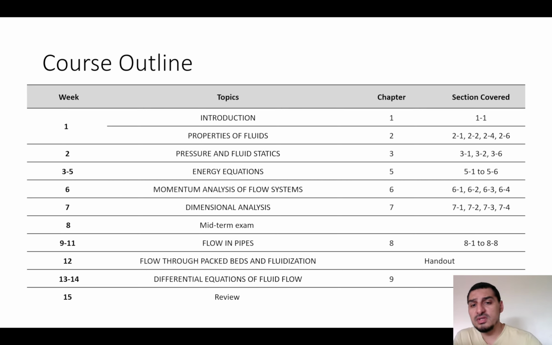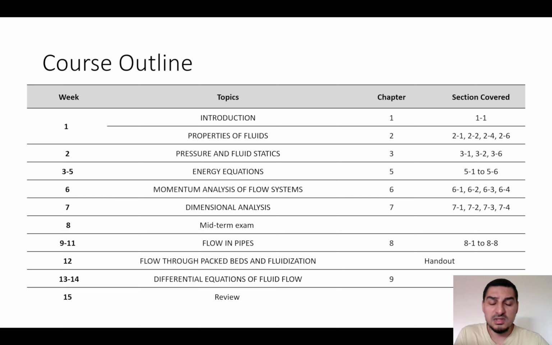We spend most of our time discussing the flow in pipes, which is a very common and important case. And then we have the flow through packed beds and fluidized beds. It's not in the textbook, but since our students deal with these cases a lot after graduation, for those who work in chemical plants or in systems that contain packed beds and fluidized beds, it's good.